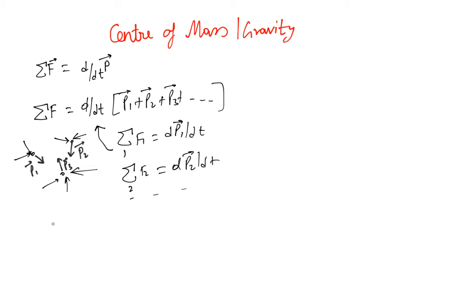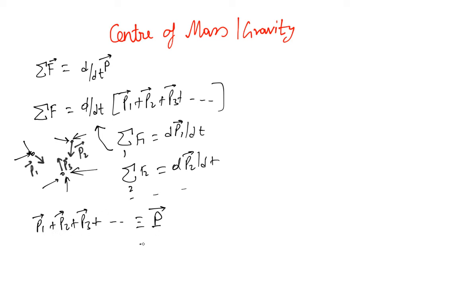Let's call this whole P1 plus P2 plus P3 and so on. This is a vector addition, so it should equal a bigger vector, a different vector P. So this is nothing but a vector sum of all the momenta, right?